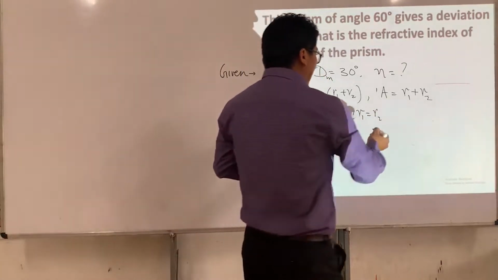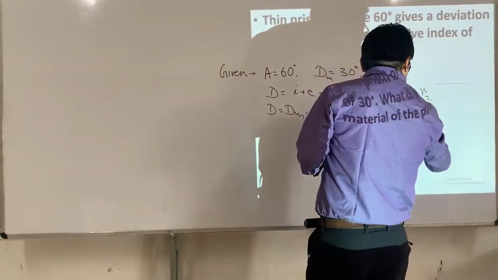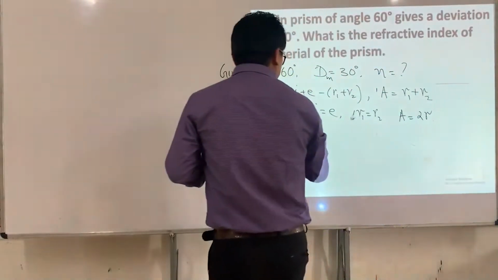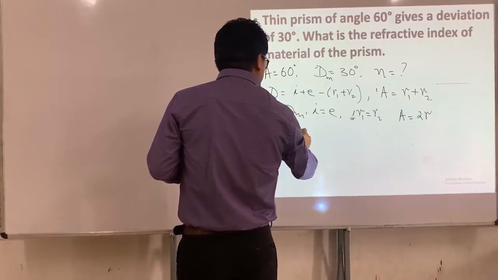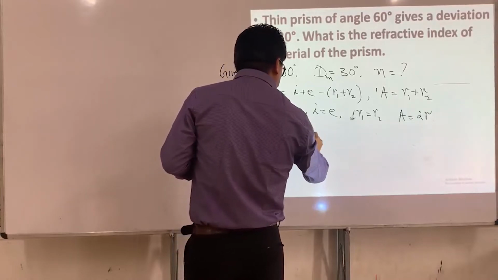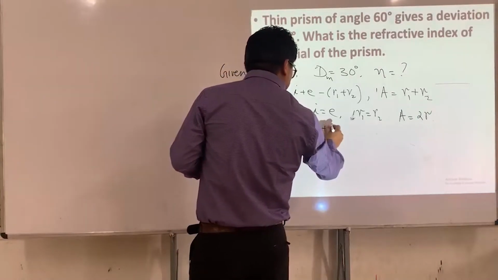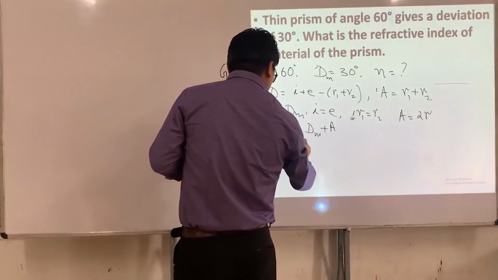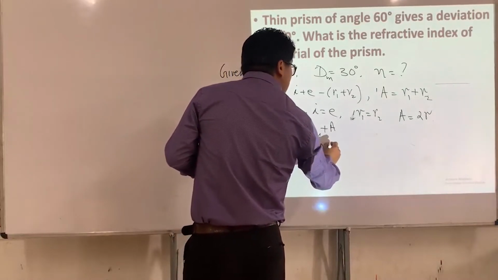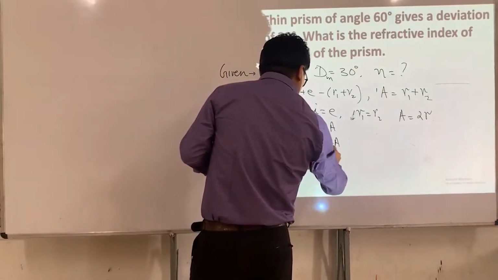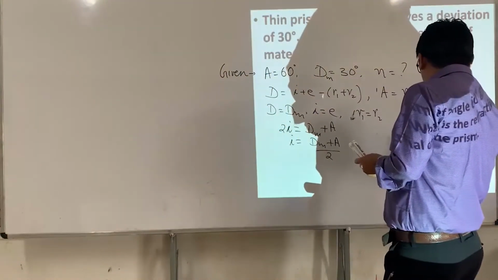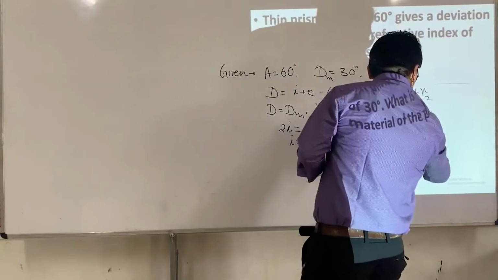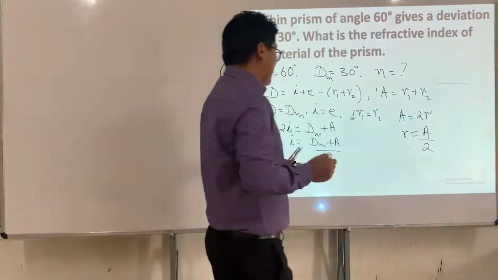Therefore, the condition is that A is equal to 2R and 2I is equal to Dm plus A. So I is equal to Dm plus A divided by 2. Then R is equal to A by 2. These are the conditions.